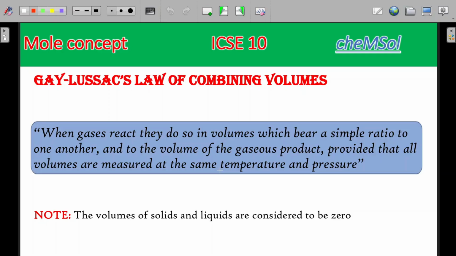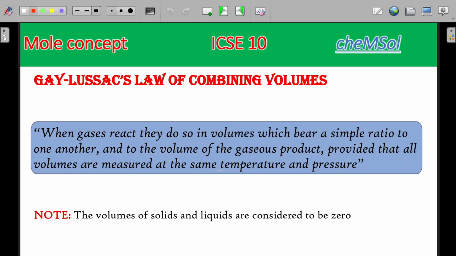So very simple questions will come on Gay-Lussac's law of combining volumes. First of all, many times they have asked the definition, so you have to write it perfectly. When gases react, they do so in volumes which bear a simple ratio to one another and to the volume of the gaseous product, provided that all volumes are measured at the same temperature and pressure.